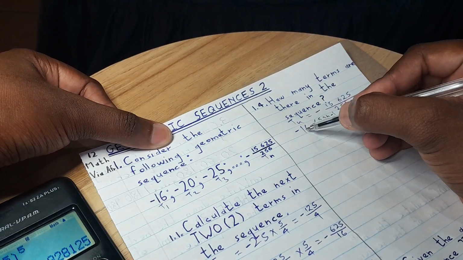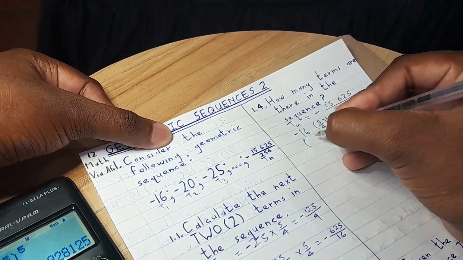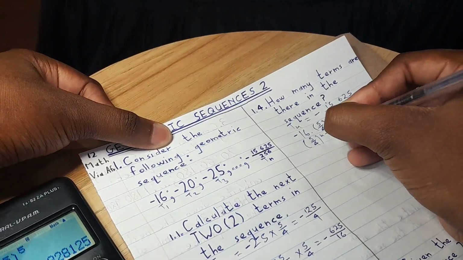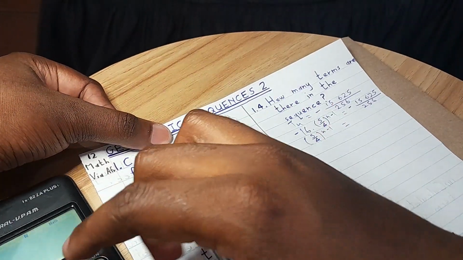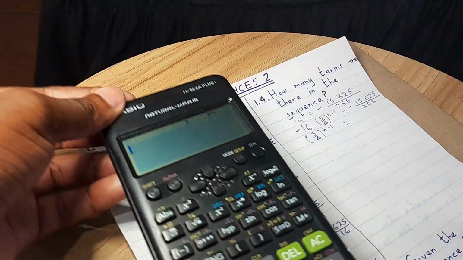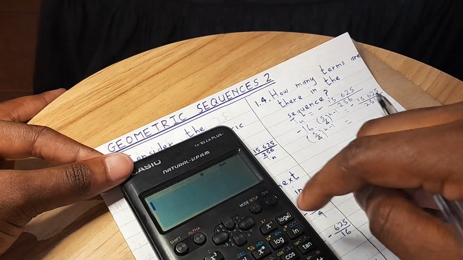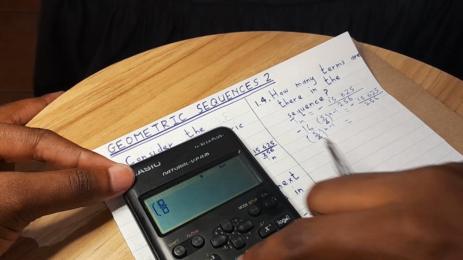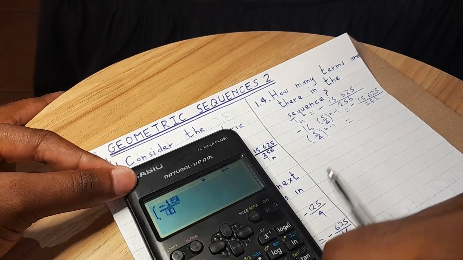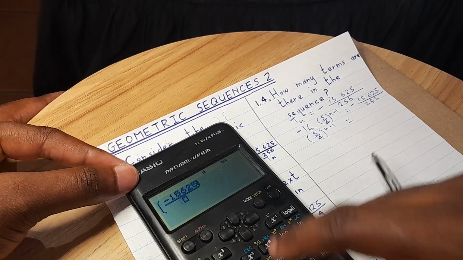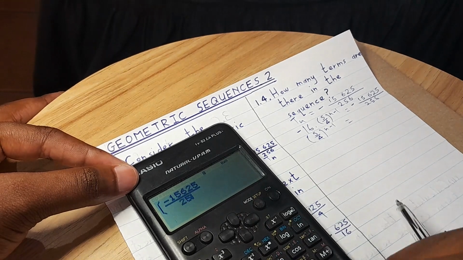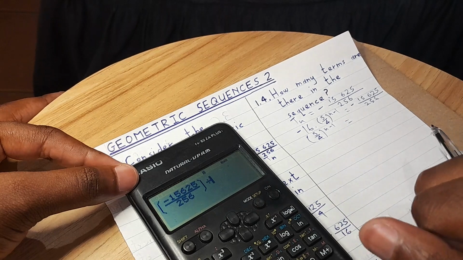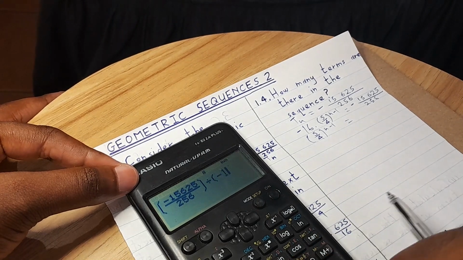We have to divide both sides by negative 16. So 5 over 4 to the power n minus 1 is equal to, on your calculator, negative 15,625 over 256 divided by negative 16.